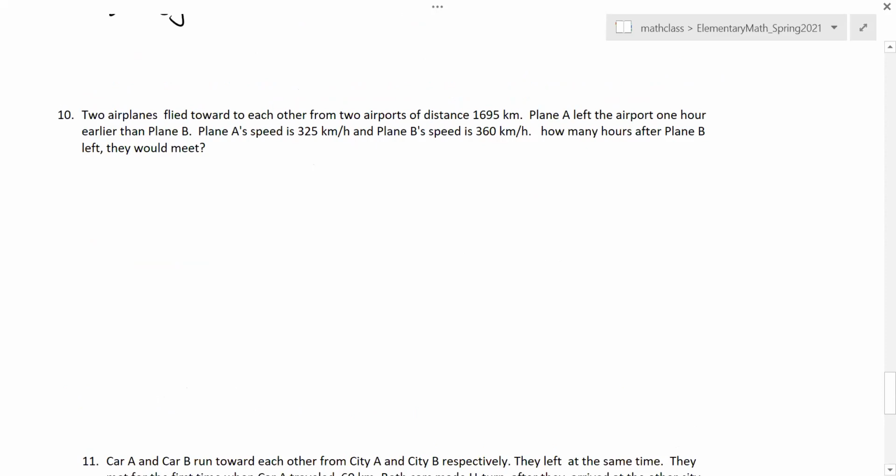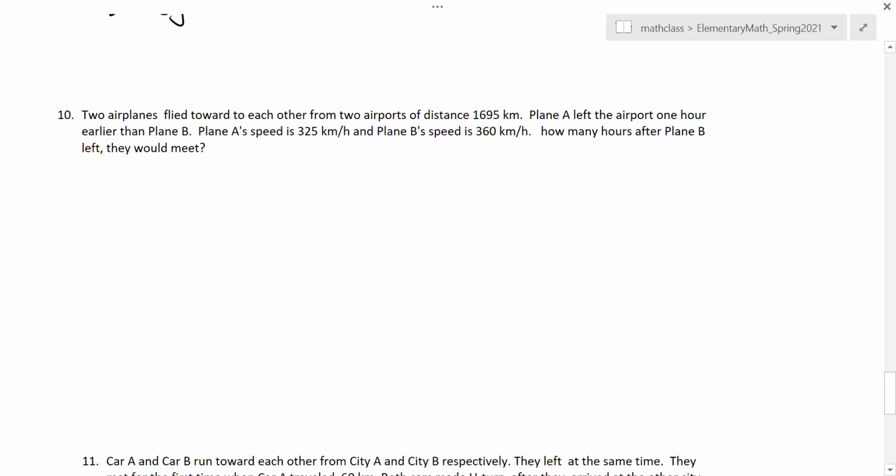Two airplanes fly toward each other from two airports at a distance of 1,695 kilometers. Plane A left the airport 1 hour earlier. This time we know the difference in time. Plane A's speed is 325 and plane B's speed is 360.